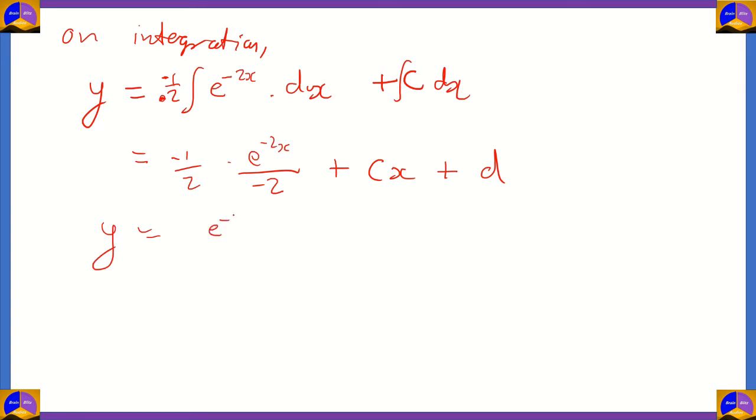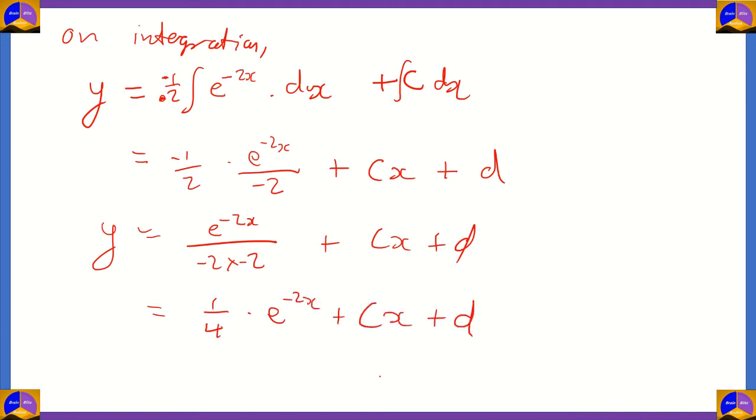So it is e raised to minus 2x divided by minus 2 into minus 2. That will give you 4 plus cx plus d. So therefore you will get 1 by 4 times e raised to minus 2x plus cx plus d. So this is the solution of the differential equation.